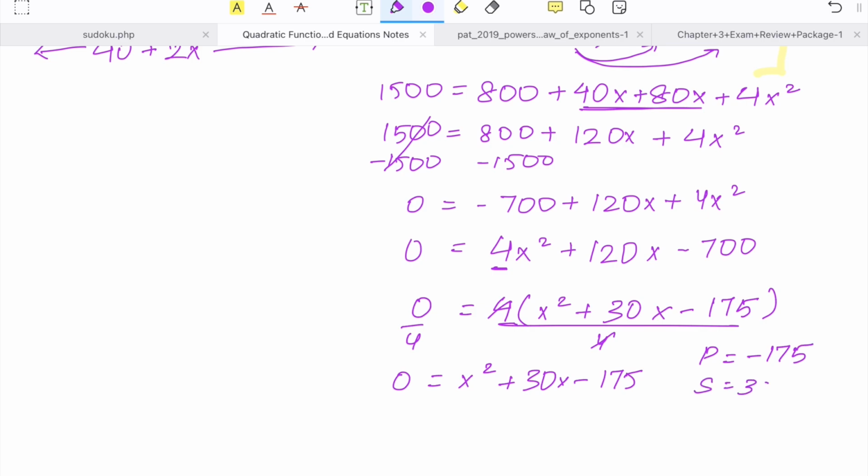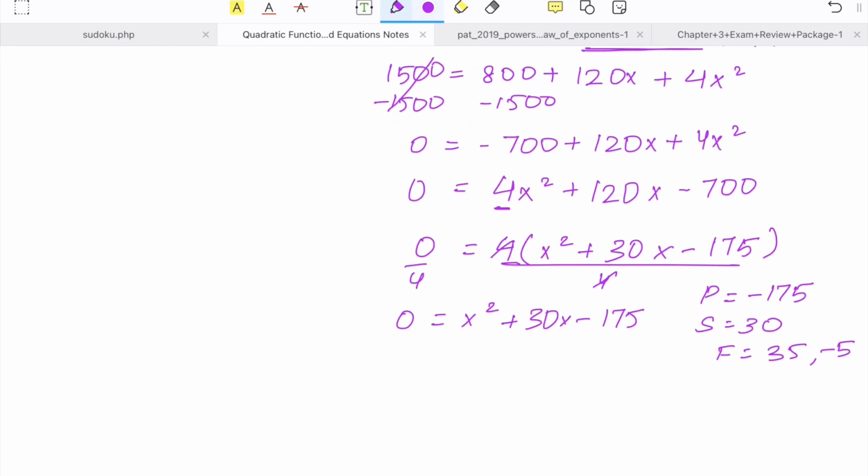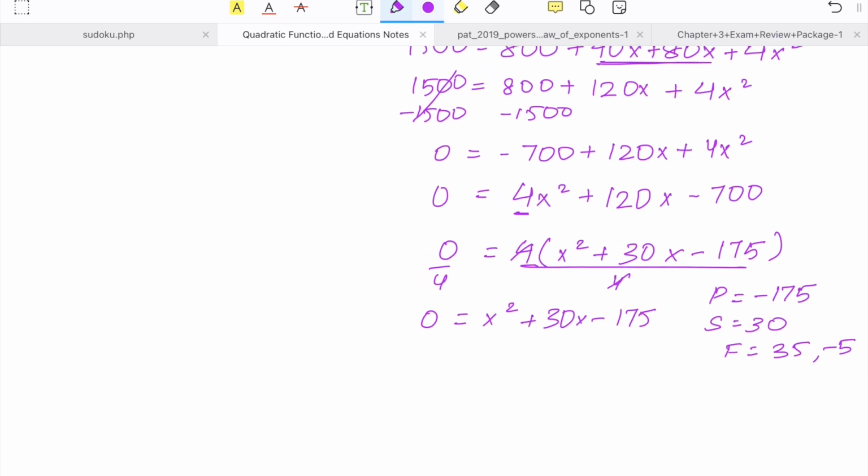Sum is 30, and our factors will be 35 and negative 5. Now, if you are not able to find the factors, you can always use the quadratic formula as well to find the value of x, right? So in this case, it's going to be x minus 5 times x plus 35 is equal to 0. So x will be equal to 5 and negative 35.